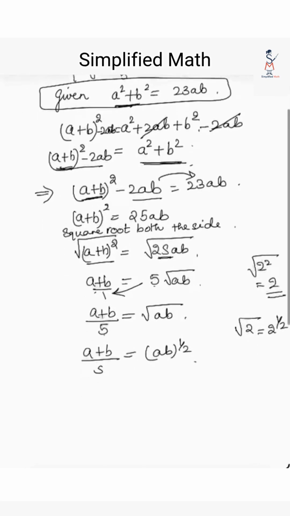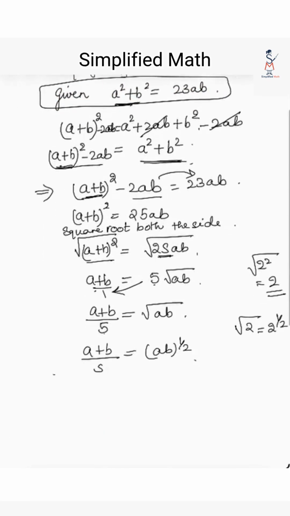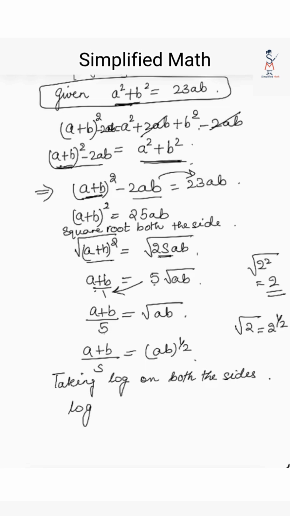Now I got a plus b by 5 and I need a log. So I will write, taking log on both the sides. Log of a plus b by 5 is equal to log of ab raised to the power half.